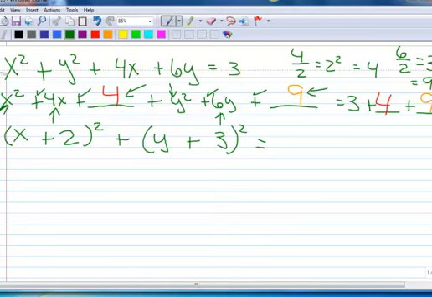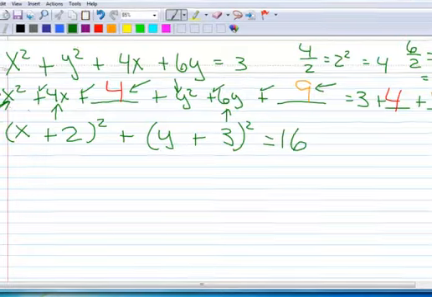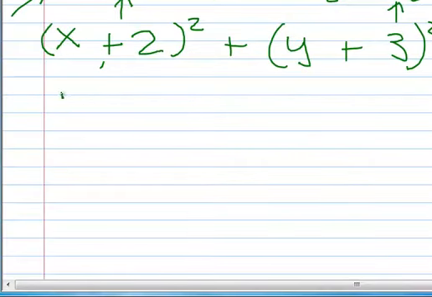Then I add up all this on the right-hand side, and 3 plus 4 plus 9, I think that's 16. So now I have successfully put this in standard form, and I want to identify the center of the circle. The center of the circle, that's my h and my k.